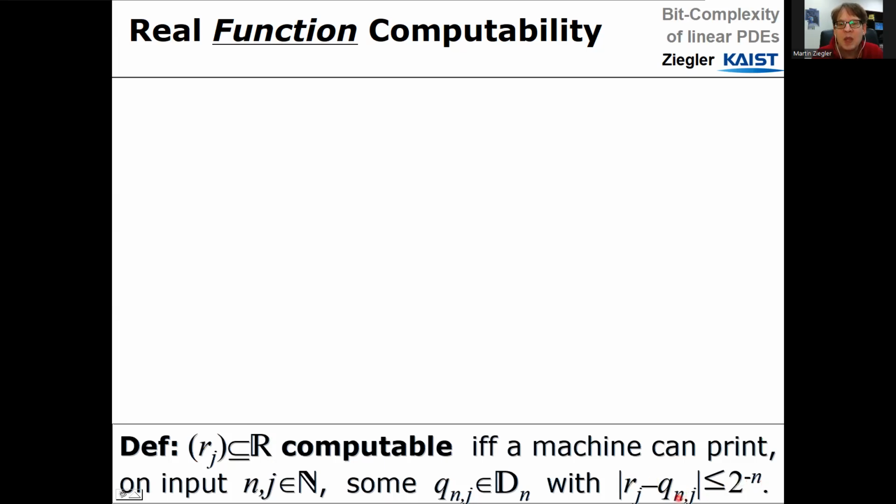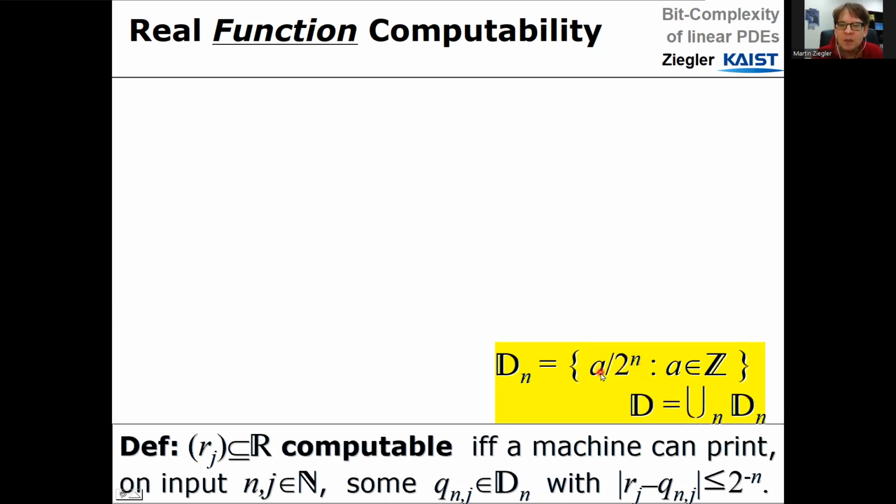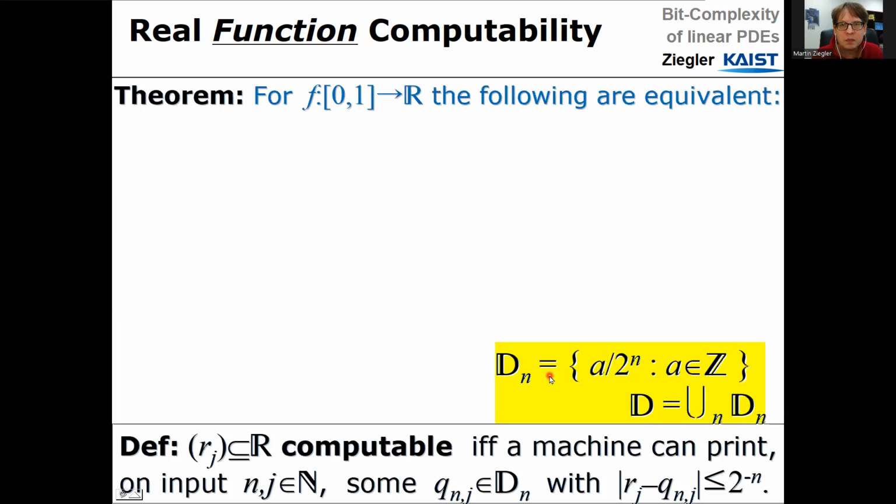So now we have two parameters, the sequence index and the precision index. That's the definition we use, where D_n denotes the set of dyadic rationals with denominator 2 to the n, and D denotes the set of all dyadic rationals of arbitrary denominator.